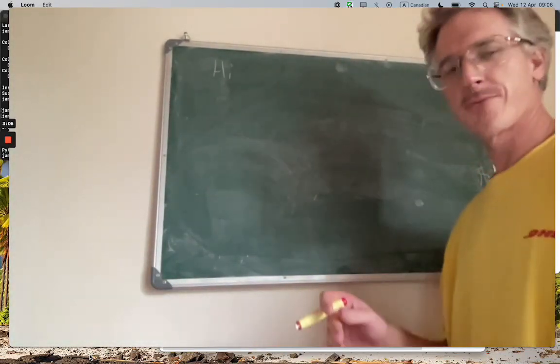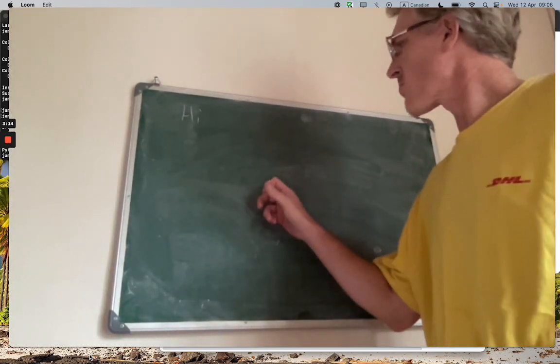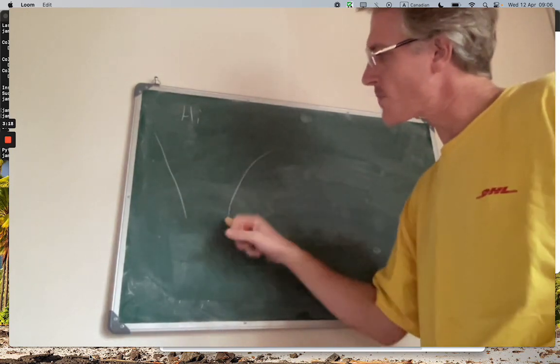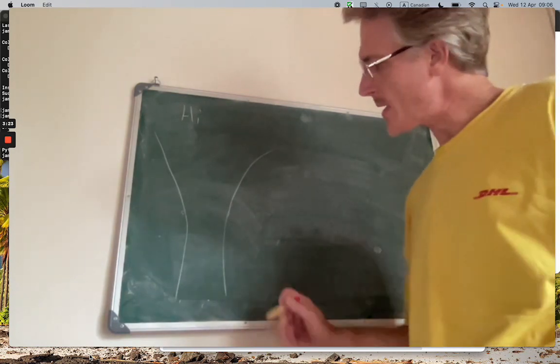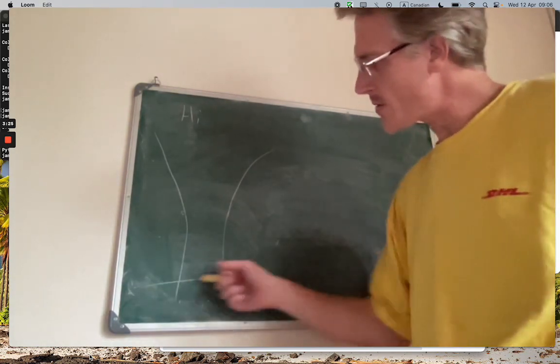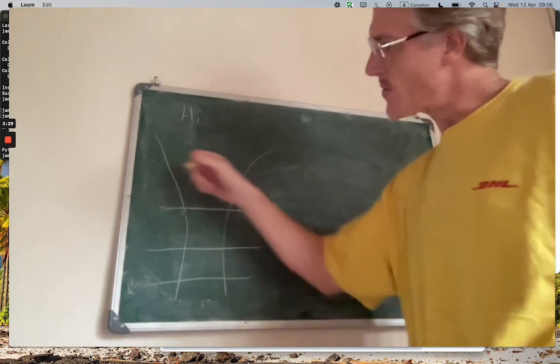Check it out, I got a blackboard. All right, so let's talk about this idea of a funnel. Let's say that we need to talk about certain stages of this user journey.